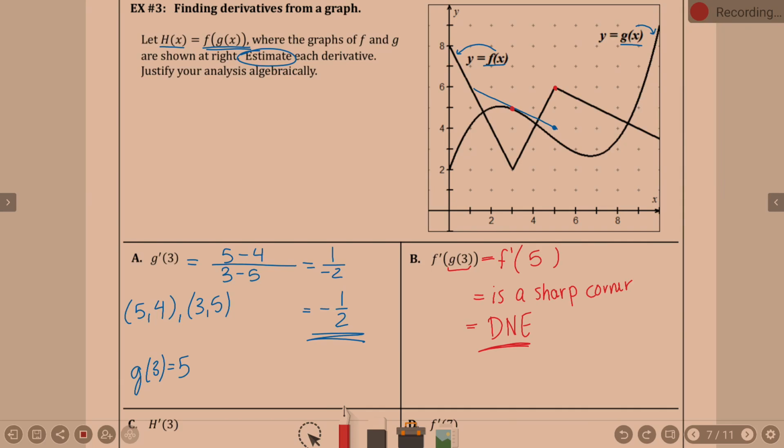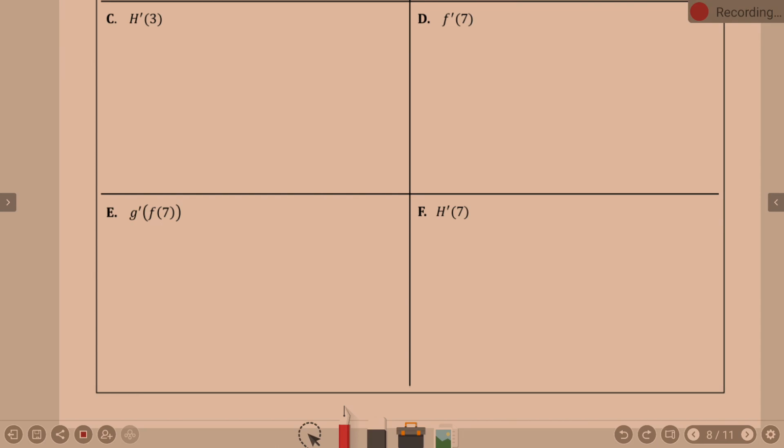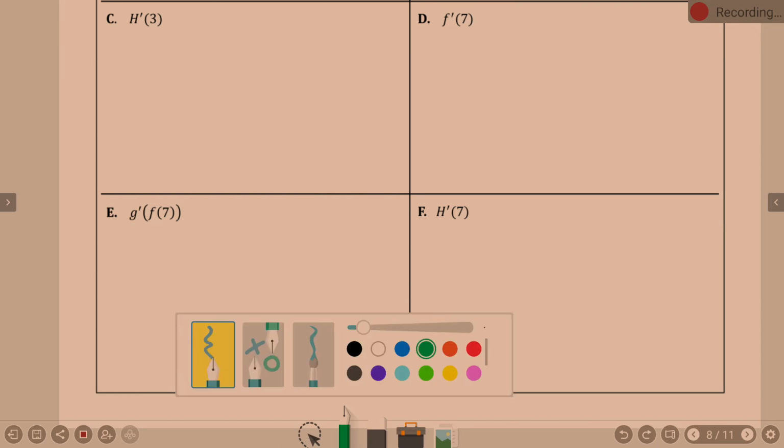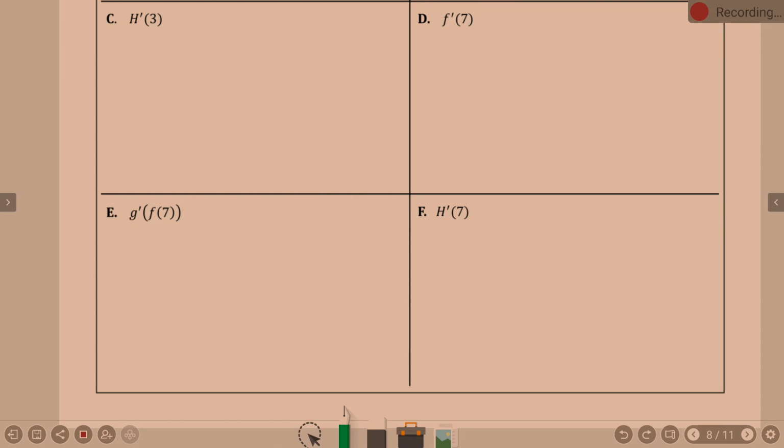I'm going to have to bounce back and forth here, but h prime of 3. Up top, what did we know? H of x is f of g of x, yes? Now, what's that mean? H prime of x is what?